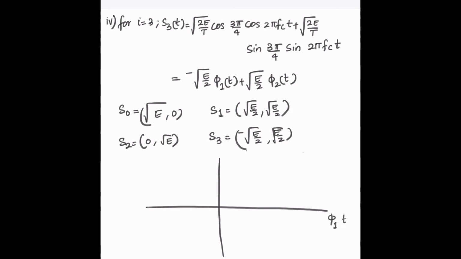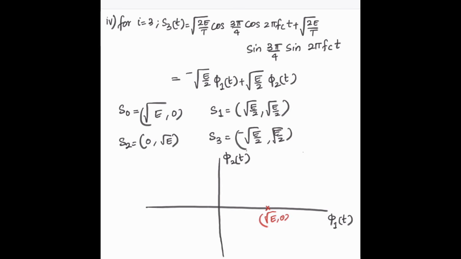When you are drawing the signal constellation diagram, you are considering the basis functions. Now you have to mark each point. First one is root E, 0, which is S0.